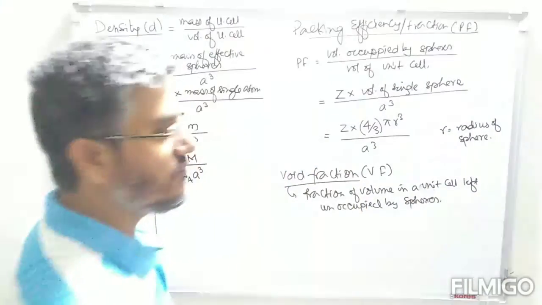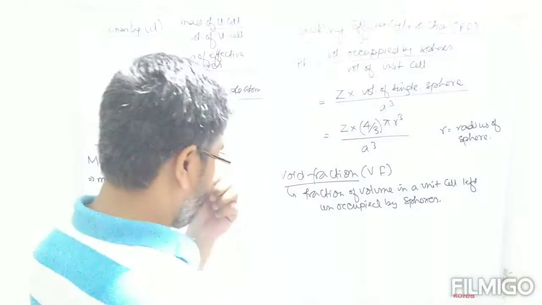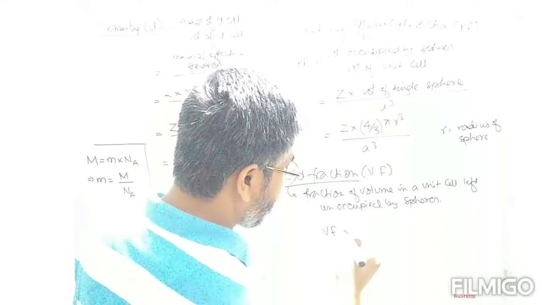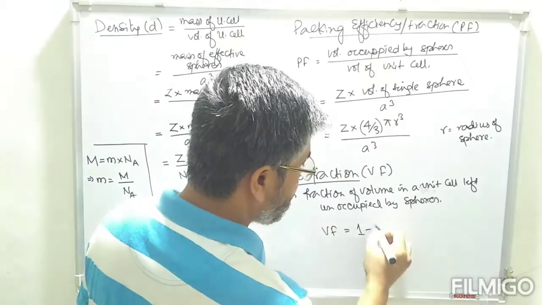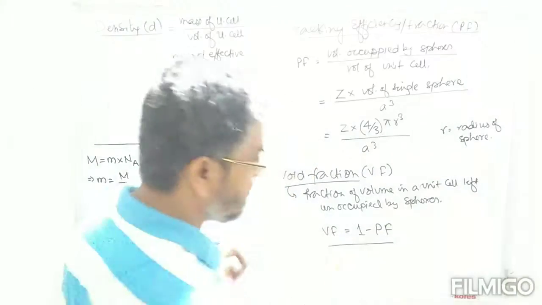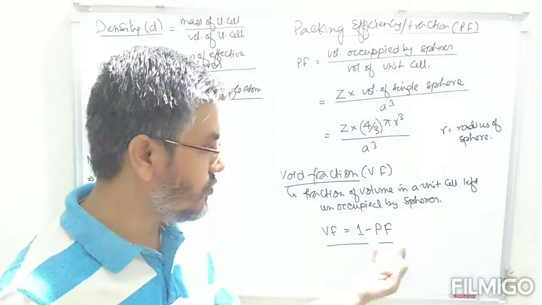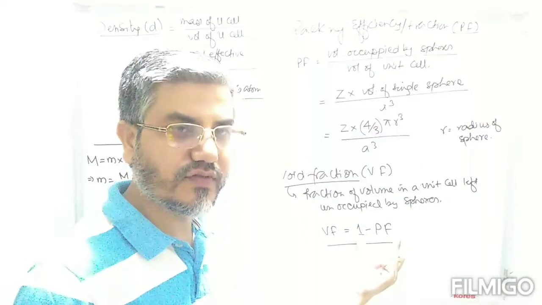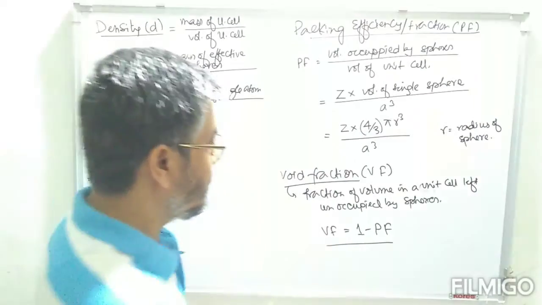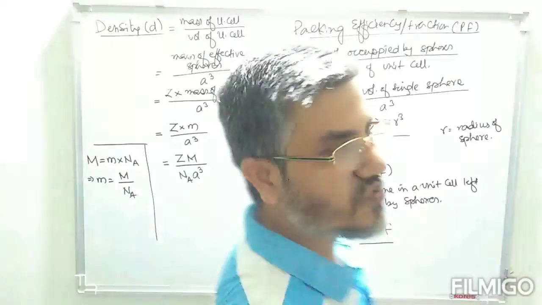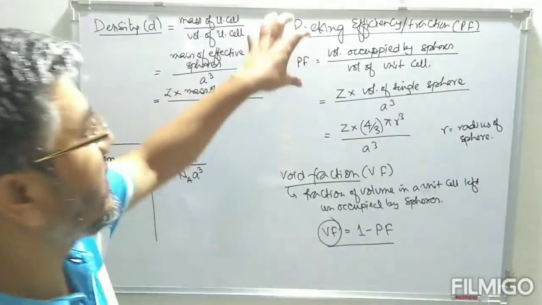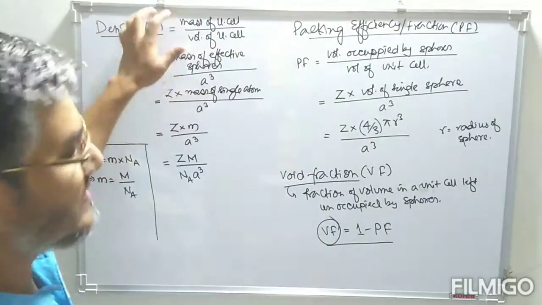That is what we call the void fraction. This void fraction is equal to 1 minus the packing fraction. If this is the total fraction of the volume occupied, then 1 minus that gives you the void fraction. So this is how we define packing efficiency, void fraction, and density.